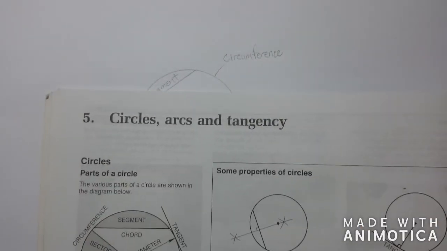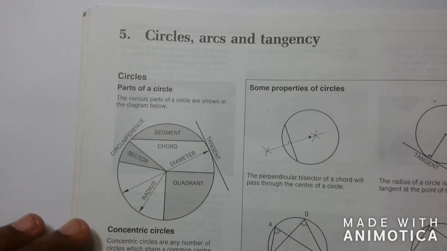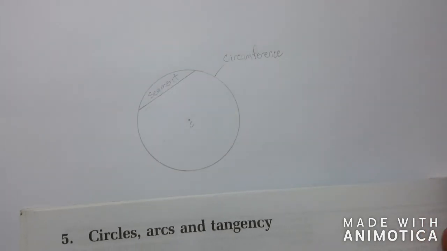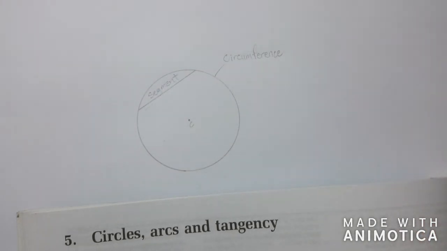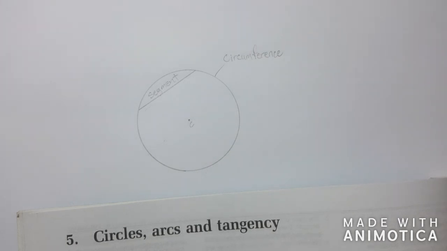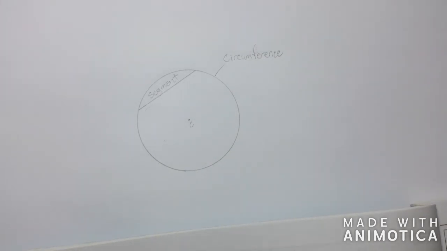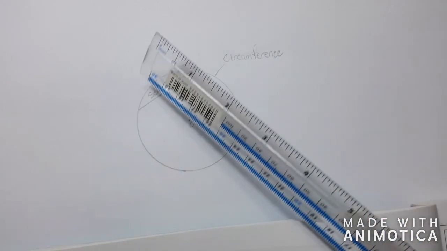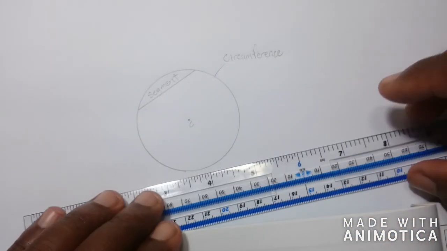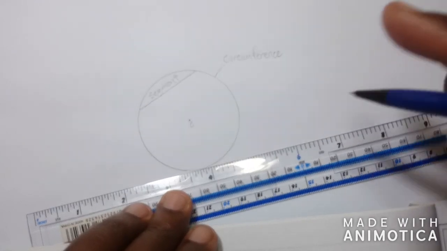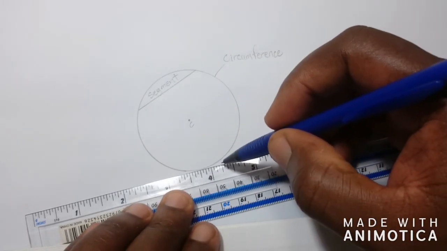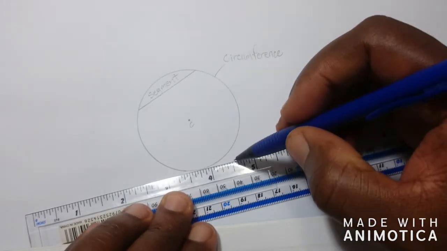Okay, next one we're going to do is the tangent, and the tangent is on the outer part of the circle. So what the tangent is basically is a line that touches any part of the circumference, which is the arc that we drew first with the compass.